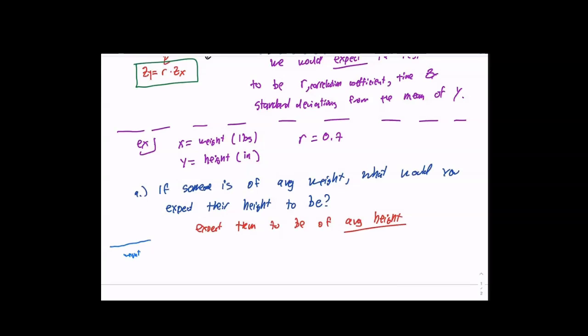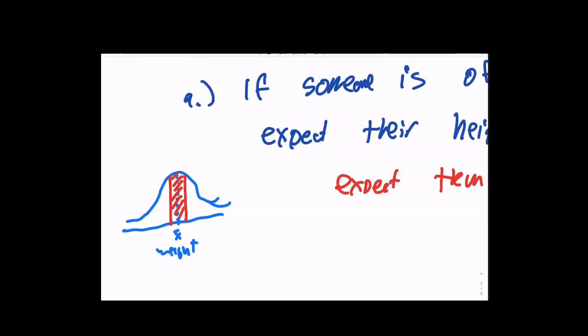Because if we think about weight, and it's normally distributed, this is the mean of weight. If you wanted to guess, you'd want to guess here, because you know mathematically that if we take a little panel of the area, the largest area would occur right around the mean.